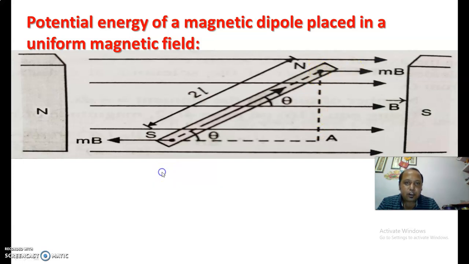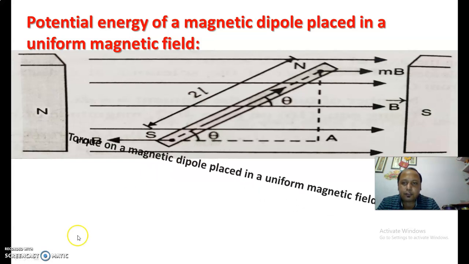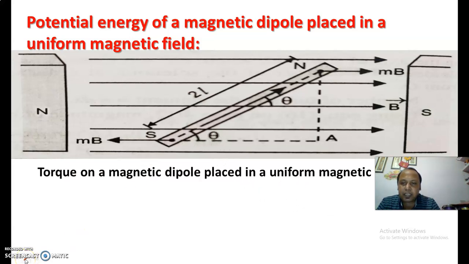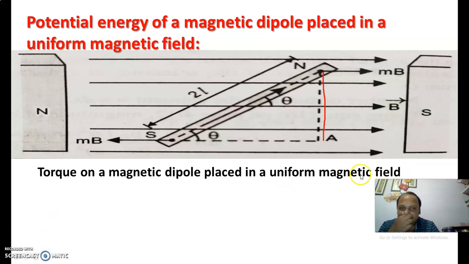So the value of torque will be given by, let me explain this in a bit different way. Suppose this line which I am drawing here represents the perpendicular distance between the two forces, which is given by NA. So the value of torque, we know the formula for torque. The torque is given by either force into the perpendicular distance between them.